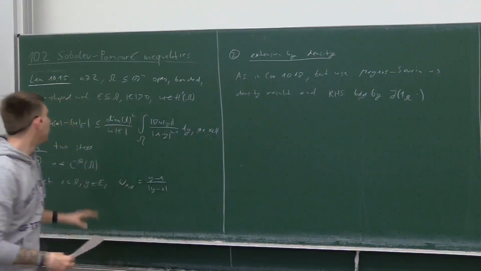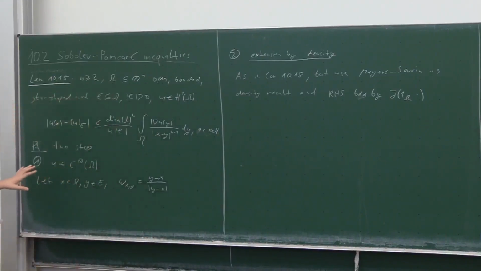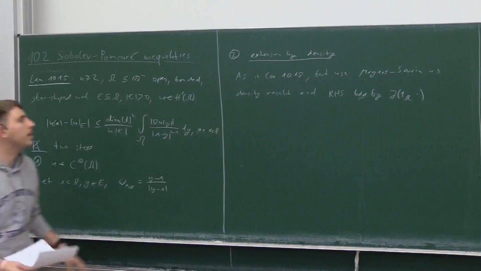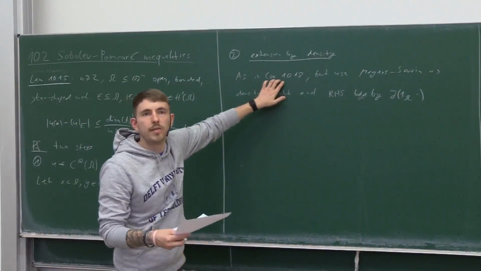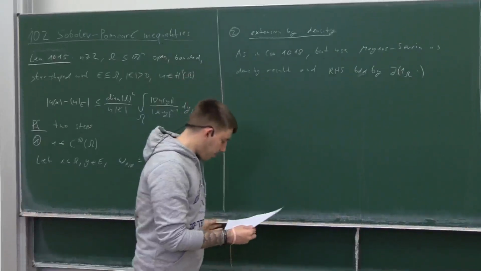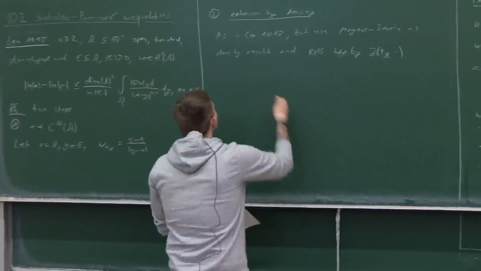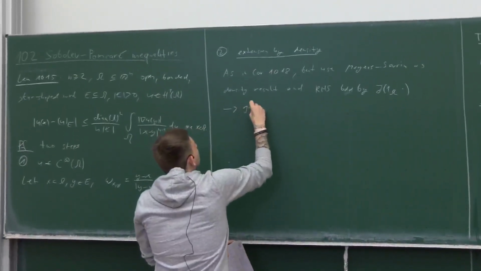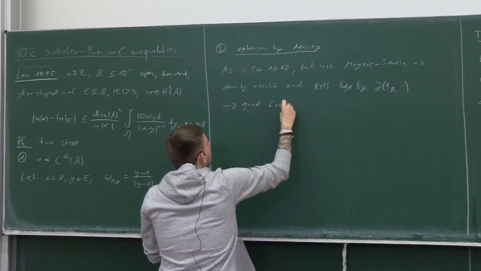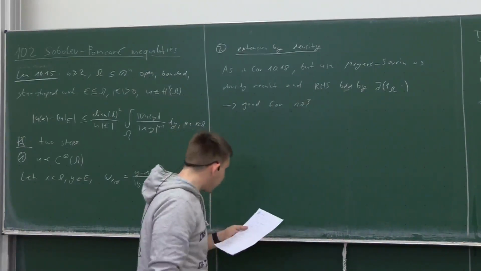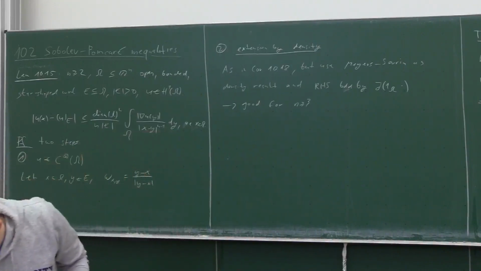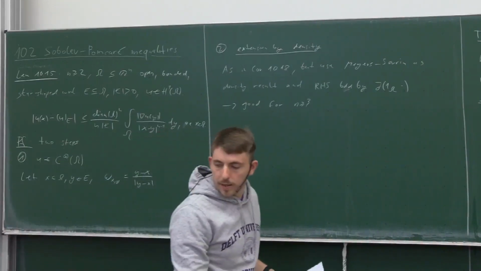So this somehow gives that we can do the same argument as for this Corollary 10.8 in dimensions at least 3. So this is good for n at least 3. I think it's also discussed in Remark 10.16.